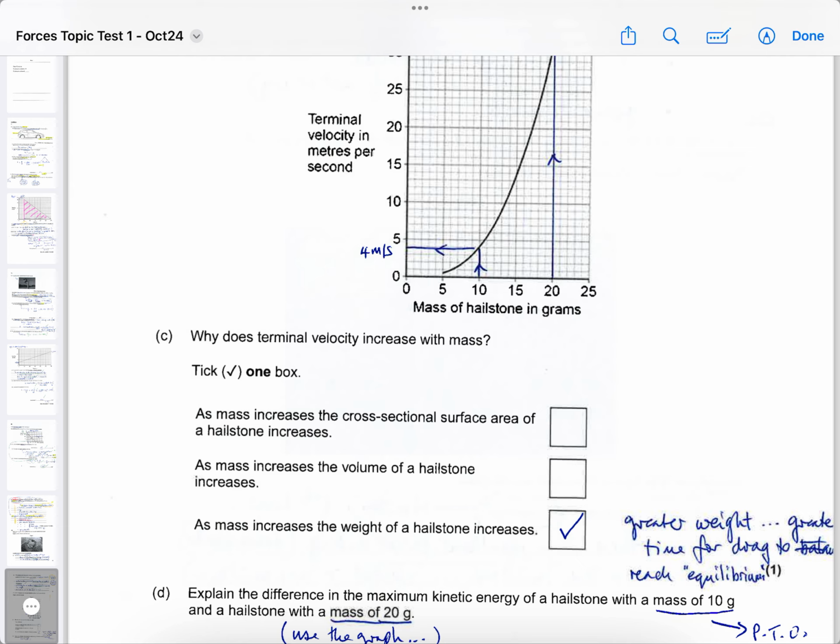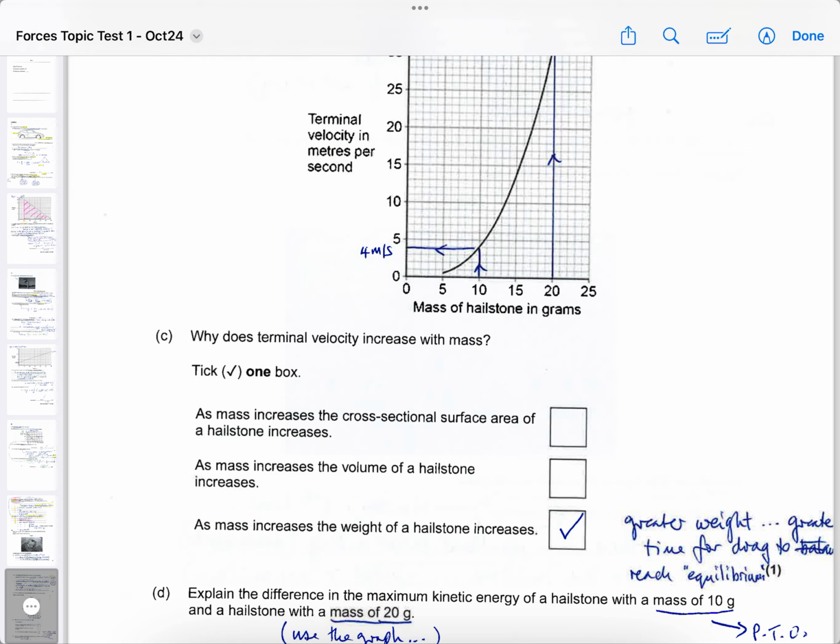And then it says as mass increases, the volume of a hailstone increases. We know that, but I'm not sure that's relevant, because all masses accelerate at the same rate, more or less. That doesn't explain why it reaches terminal velocity, or why the terminal velocity increases with mass.